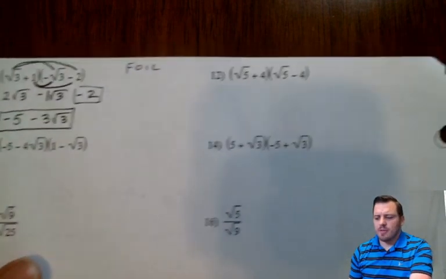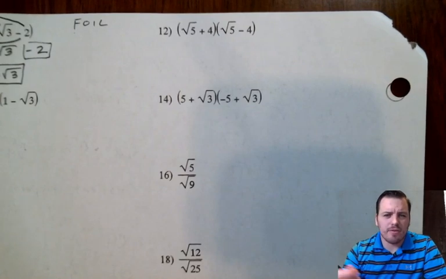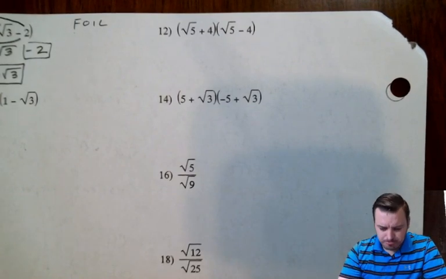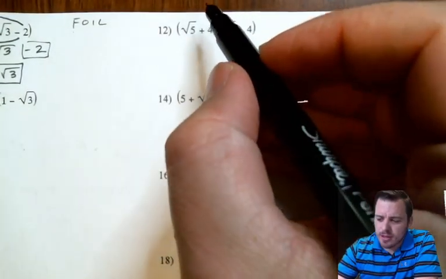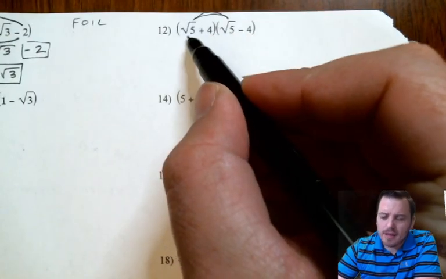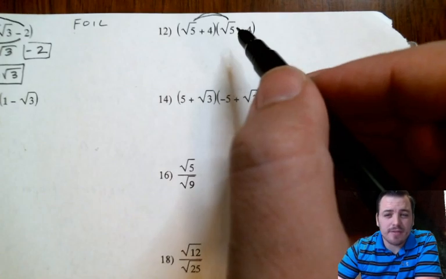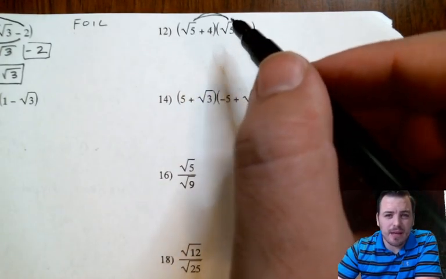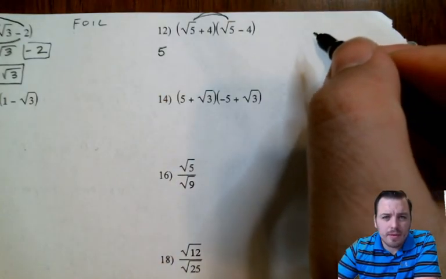All right, let's jump over to number 12. Radical 5 plus 4 times radical 5 minus 4. So here's what this is going to come out to be. First would be radical 5 times radical 5. When it's the same thing, it's whatever's underneath. So 5. So that's first.